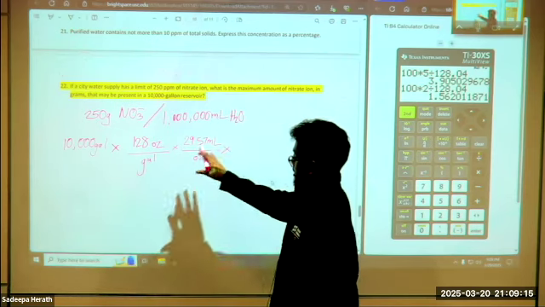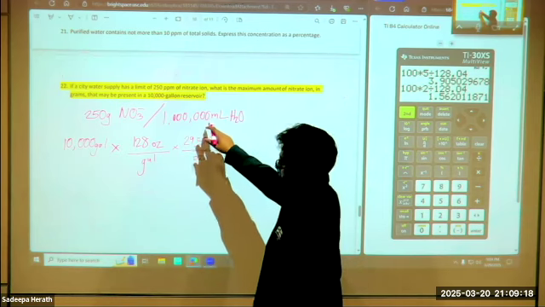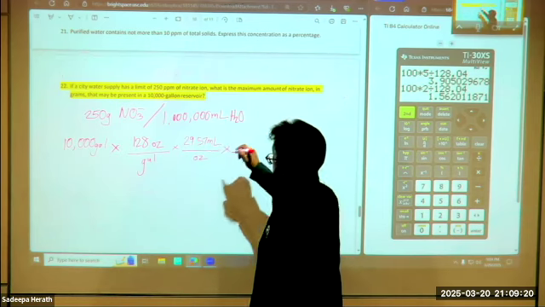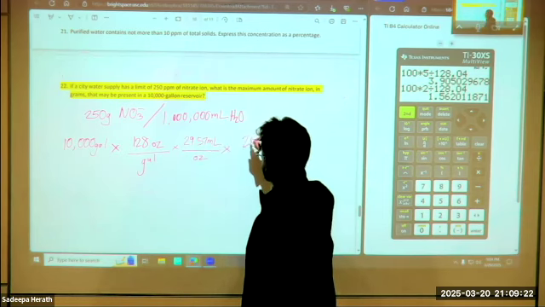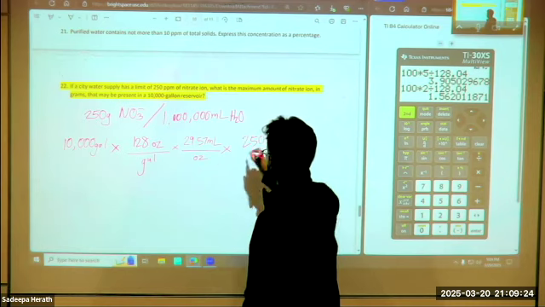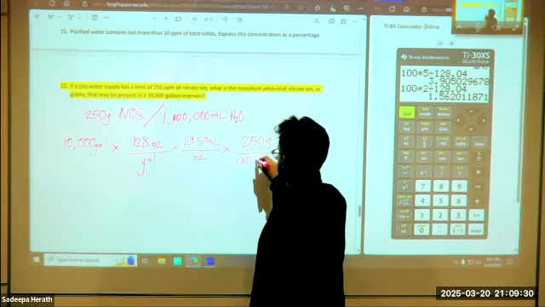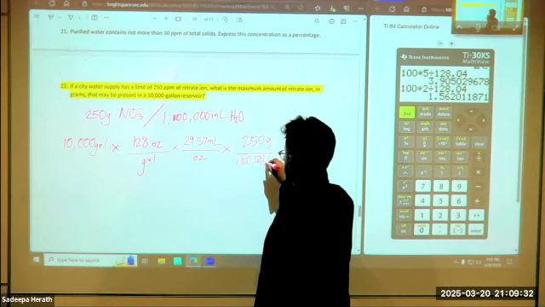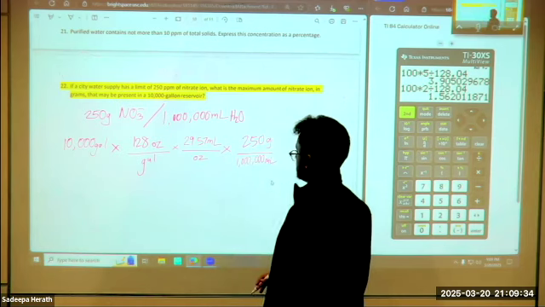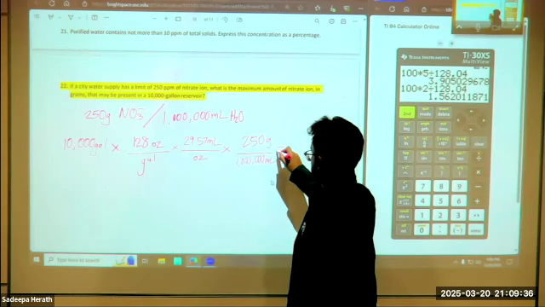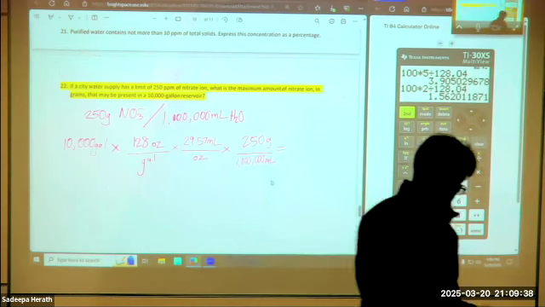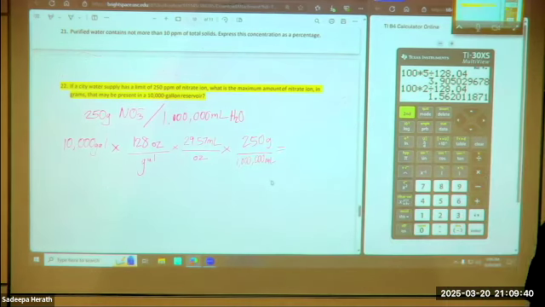We're now in mL range. Now we can use our conversion factor to get grams of nitrate: 250 grams per 1 million mL. That equals a big one.